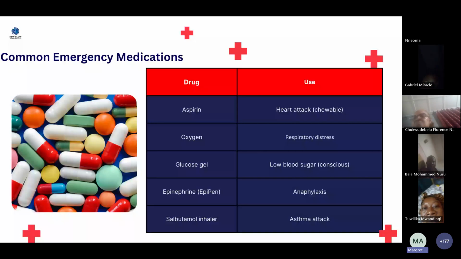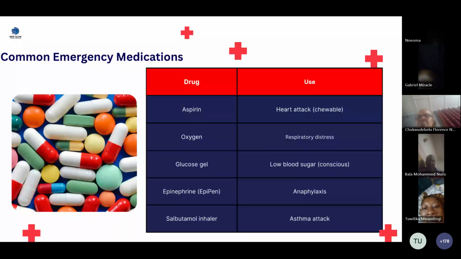So there's something that they carry around. There are actually different types, but the one that is usually readily available in the first aid pack is the salbutamol inhaler. So in the case where you are suspecting asthma, you give the puff. So now again, I believe you can all see my screen.